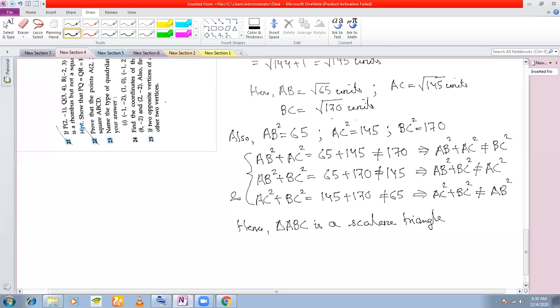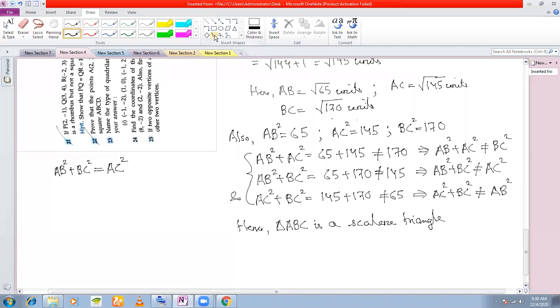Now my question to you is, suppose I had got AB square plus BC square equal to AC square. Suppose we had got this, then what could we say? We say that it is a right angle triangle, but which one is the right angle?